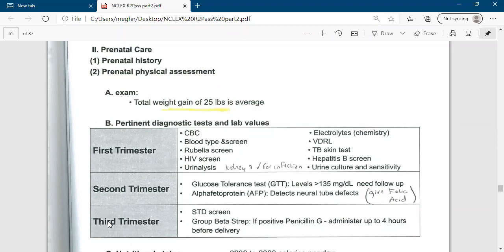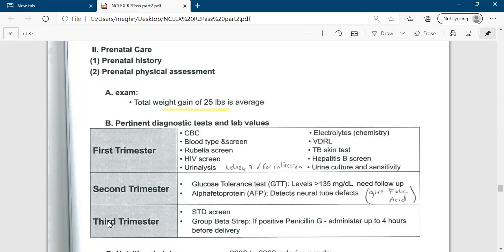Then 28 to 36 weeks, 2 weekly means twice every week, the mother has to go for a checkup. And from 36 to 42 weeks, at least once a week, the mother has to go for a visit.